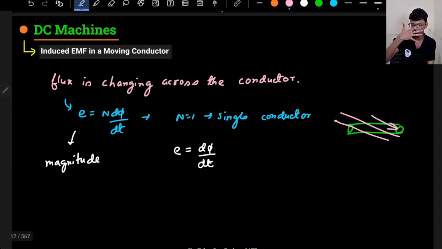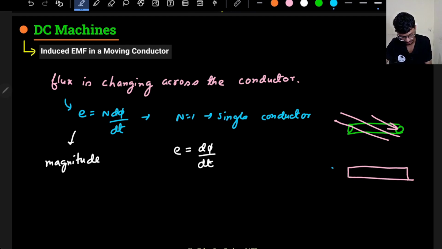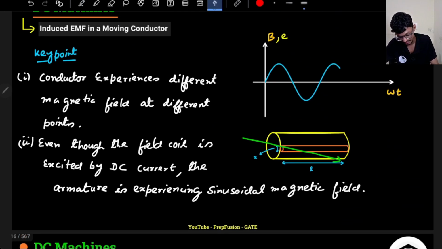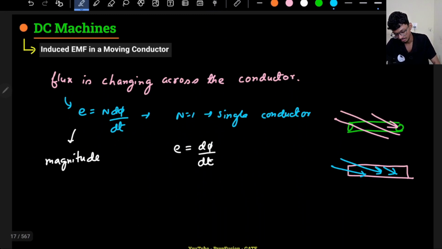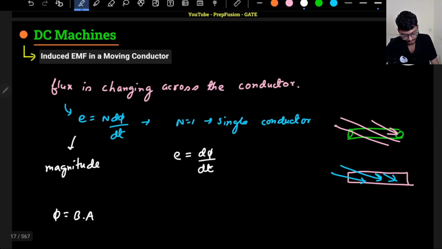From the front, I will just see a square rectangle like this, and the flux is cutting this rectangle. So what is the area? I know the magnetic field density but not the flux. Flux phi equals B into area, and here the area vector is in the same direction.